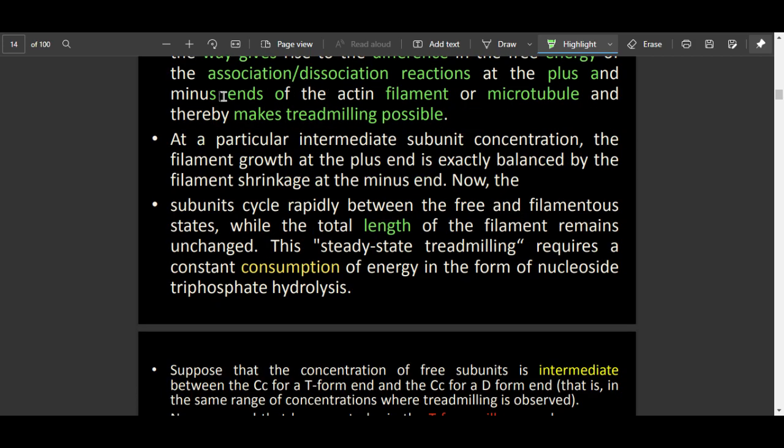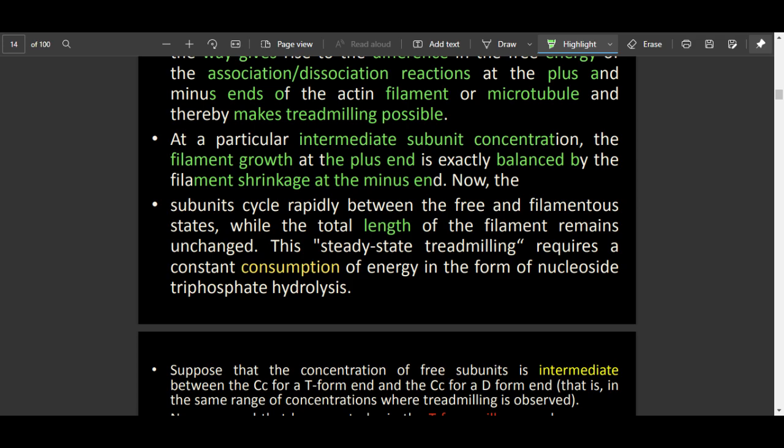At a particular intermediate subunit concentration, filament growth at the plus end is exactly balanced by filament shrinkage at the minus end. The intermediate subunit concentration is needed for this balance.